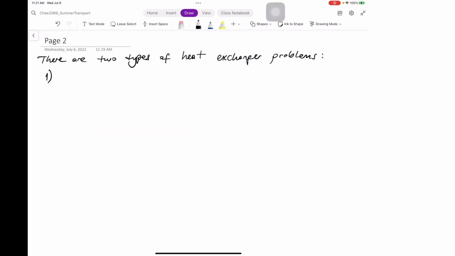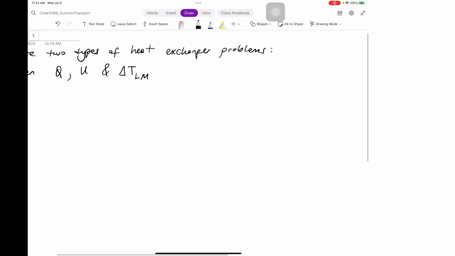In the first one, you're given the heat transfer rate or the heat duty, Q, U, the overall heat transfer coefficient, and the log mean temperature difference, delta T LM. Or you're given the temperatures of each stream and you just calculate that and find the area, A. This is called a sizing problem.